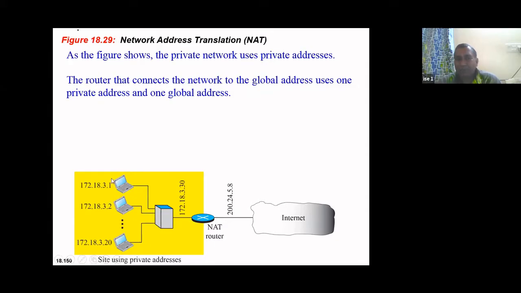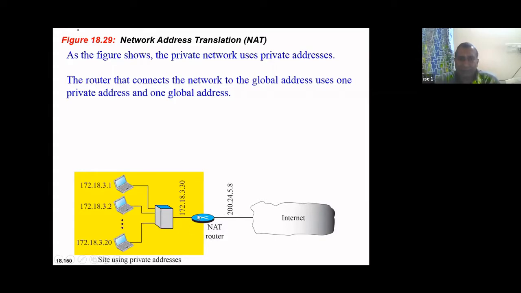But if this particular host wants to send a packet to a different host via the internet, then one global network address has to be used, which is 224.5.8. This global address is recognized as the address of this entire organization, right? And this is called the NAT router.